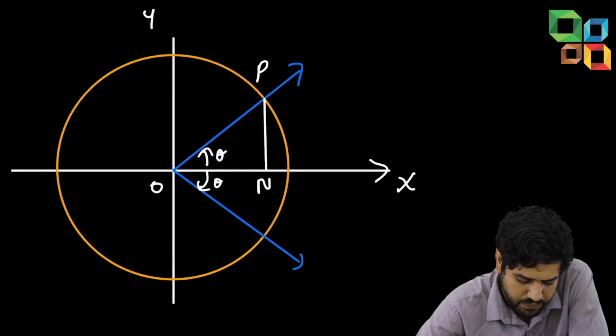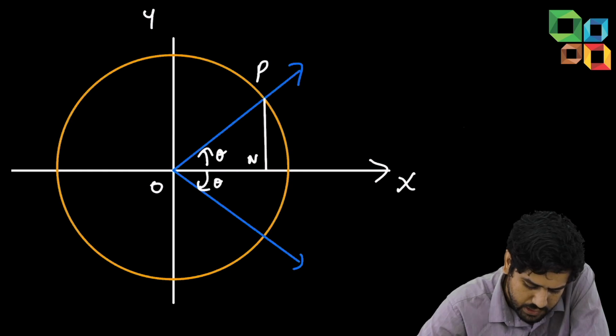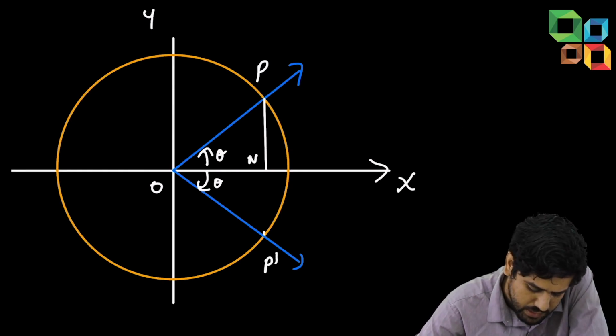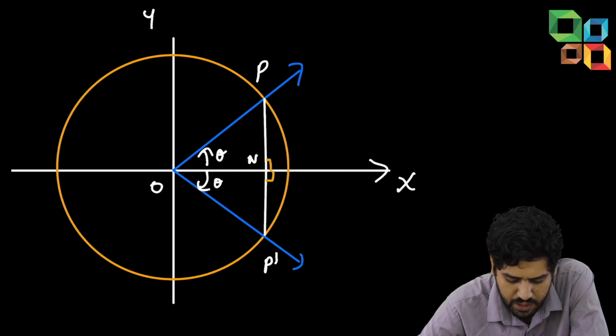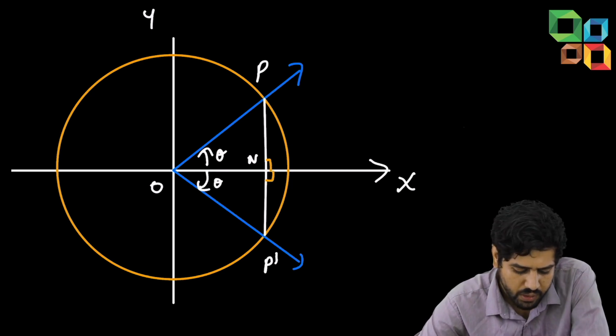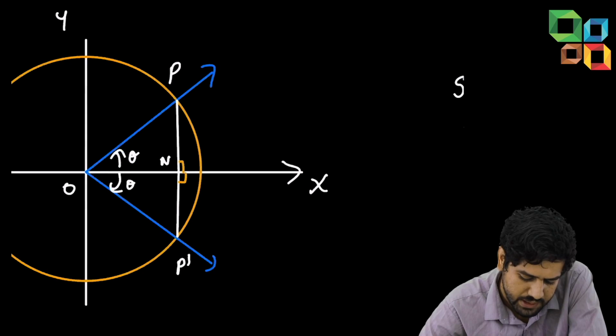This is your N, this is your P dash, and these angles are 90 degrees. Now, what can we tell about sine of minus theta?